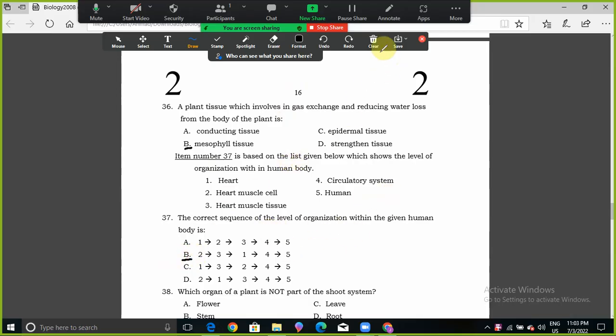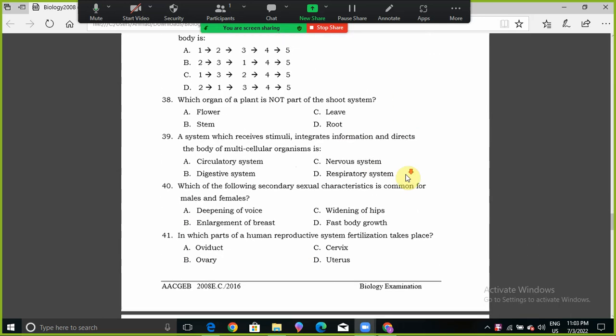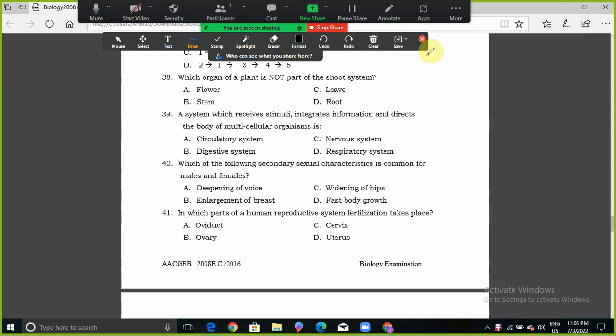Now, question number 38 says: which organ of a plant is not part of the shoot system? Of course, it's root, because root is found in the root system. So the correct answer for question number 38 is D. In question number 39, a system which receives stimuli, integrates information, and directs the body of multicellular organisms is what?